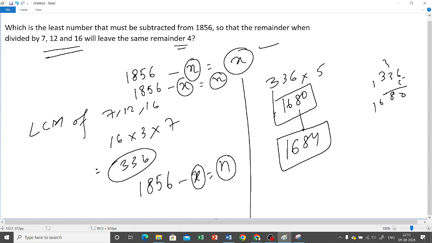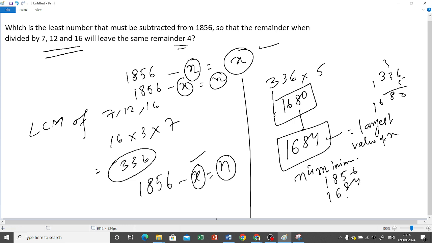So 1684 is the largest value of x, so n becomes minimum. Then I just need to subtract: 172 is the answer. Do you understand this?